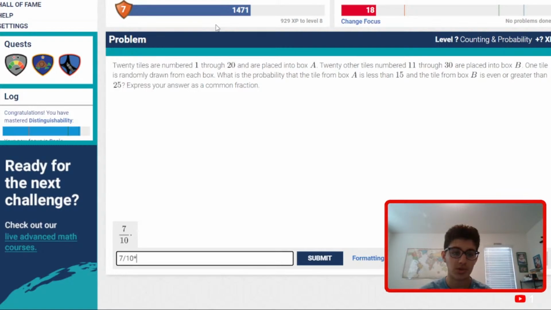So that's 7 numbers. And then obviously, or greater than 25. So you've got 26, 27, 28, 29, 30. So that becomes 12 out of 20, which is 6 out of 10. 6 out of 10 is 3 out of 5. So it's 21 out of 50.